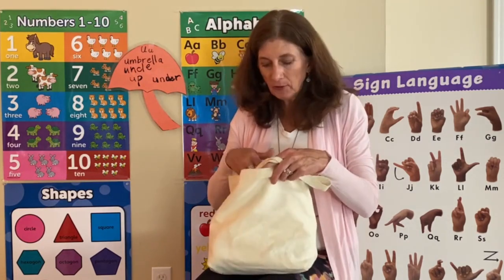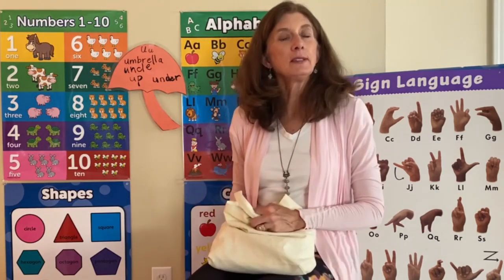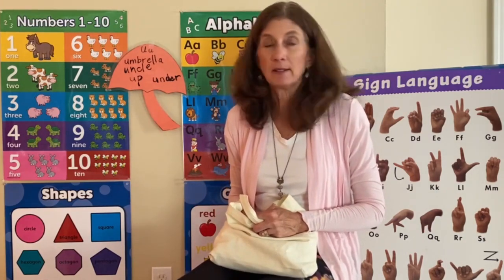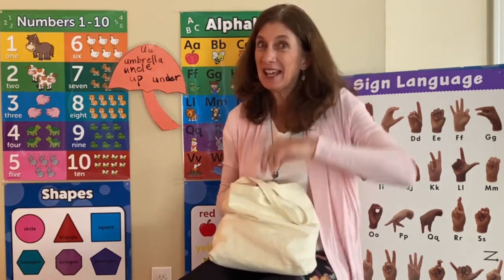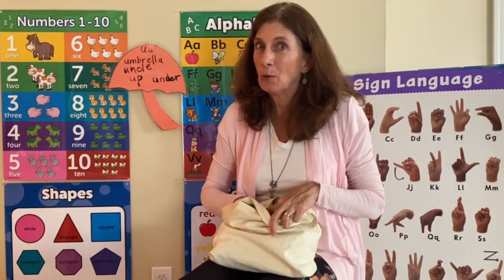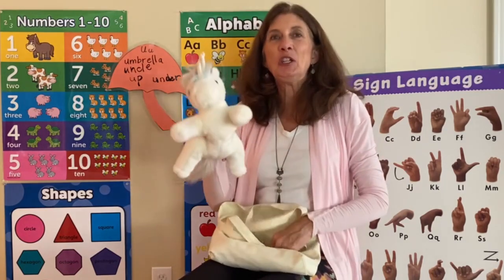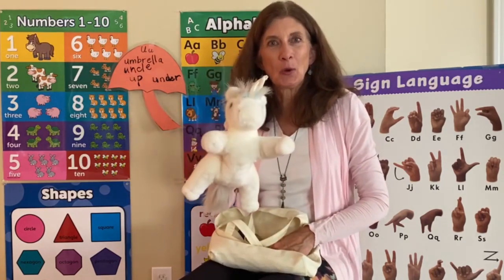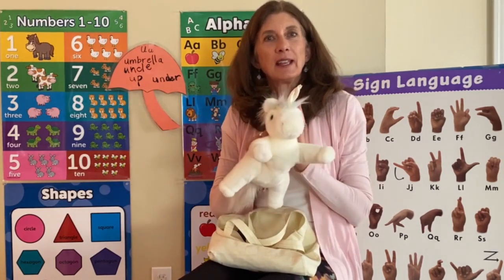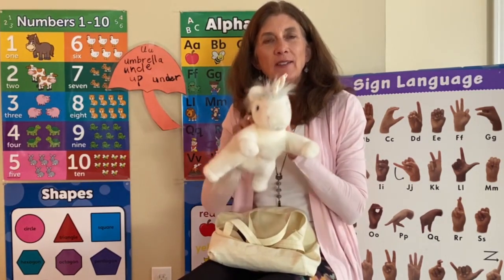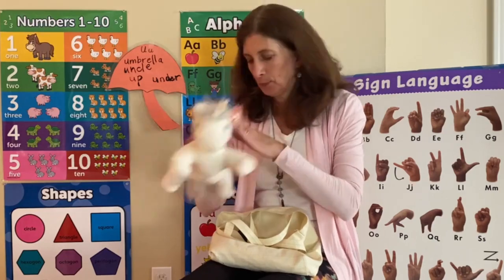I'll try and give you some clues. This is a mythical creature. That means it's not real, but it's pretty cool, and it has a horn on its head, and it has the U sound. Right, unicorn. Unicorn starts with U, and it has this little horn on its head. Unicorn. That's the letter U.